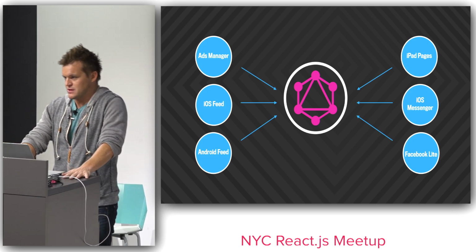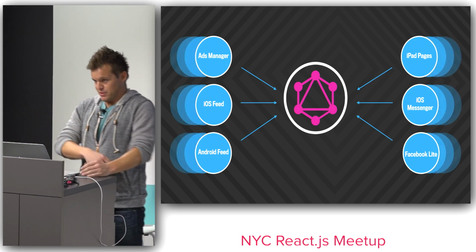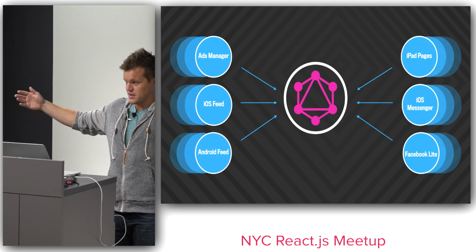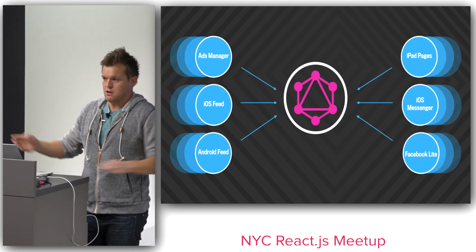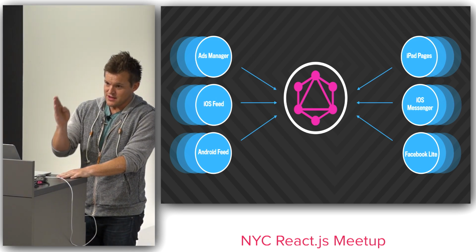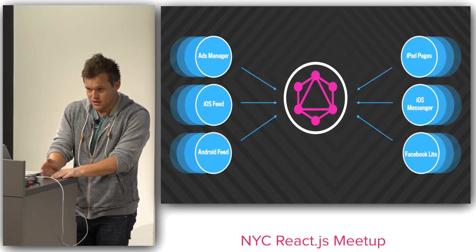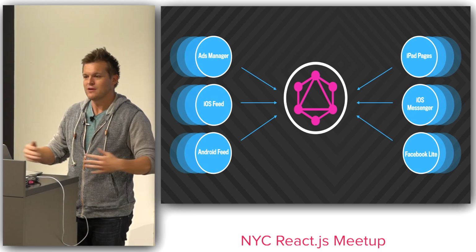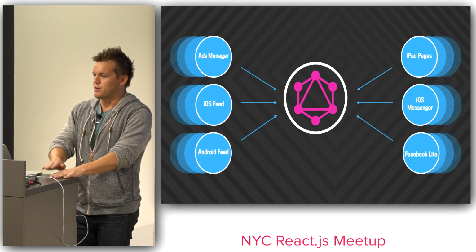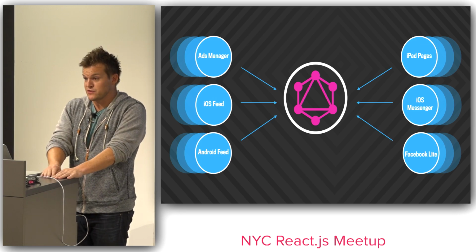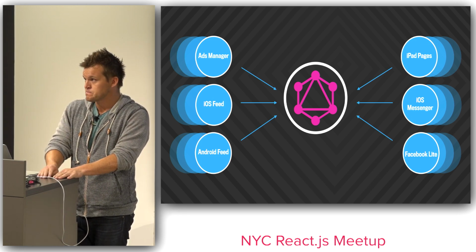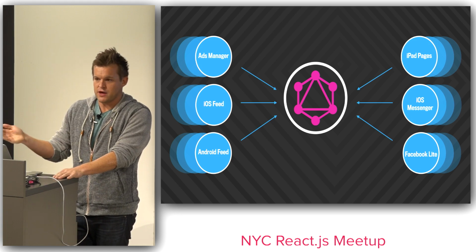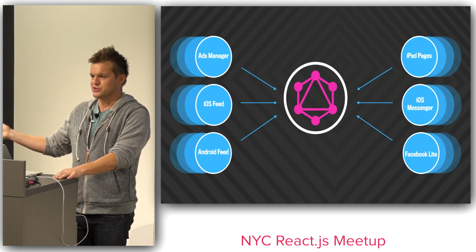But what's really interesting about this is that for each one of those applications, we have dozens of versions extant in the field. Right? Facebook now releases its iOS app weekly. If you're really mad about downloading the app, I apologize. But it keeps the new features and the best features in our users' hands at all times. But what this means, if you think about it, we're basically committed to supporting all these versions forever.